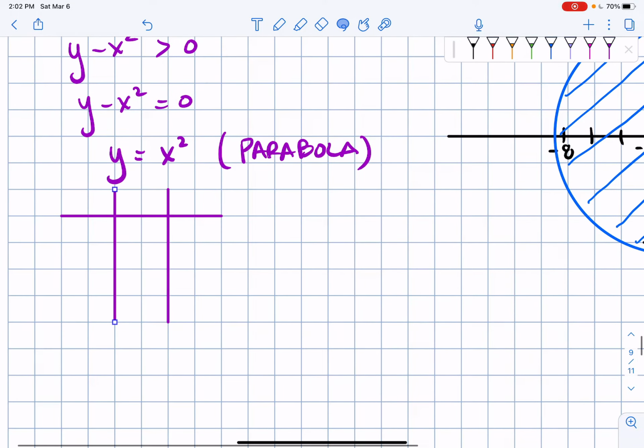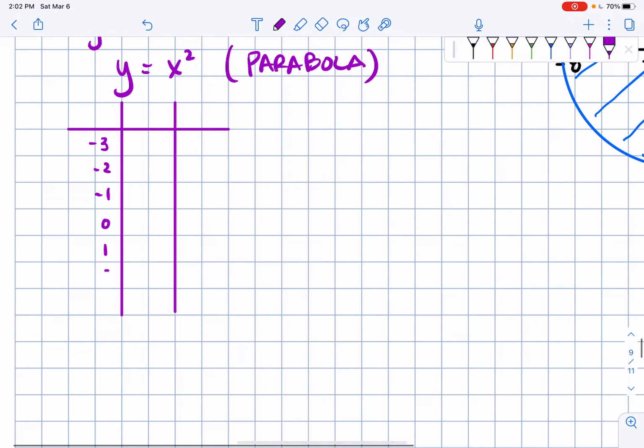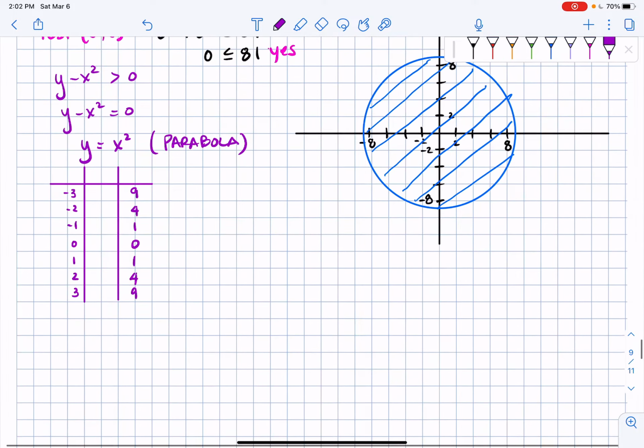So if I was to use, let's say, -3, -2, -1, 0, 1, 2, 3. Actually, let me make these a little better looking. So all I'm doing is squaring them. So I'm going to have a 9, a 4, a 1, a 0, a 1, a 4, and a 9, because I'm basically taking those numbers and squaring them.